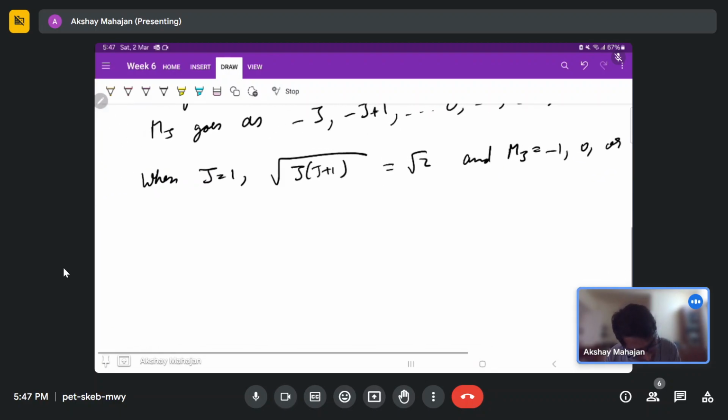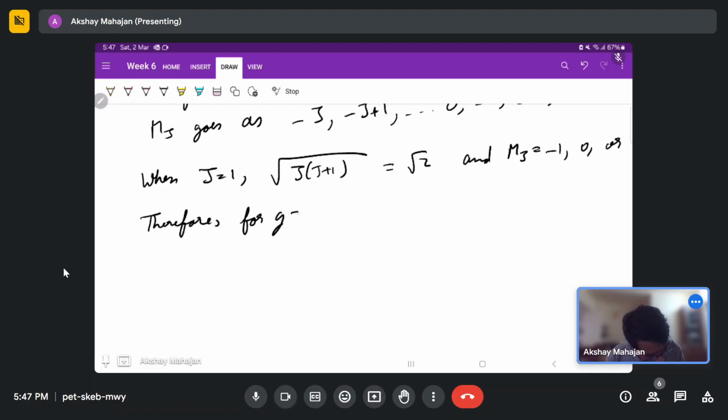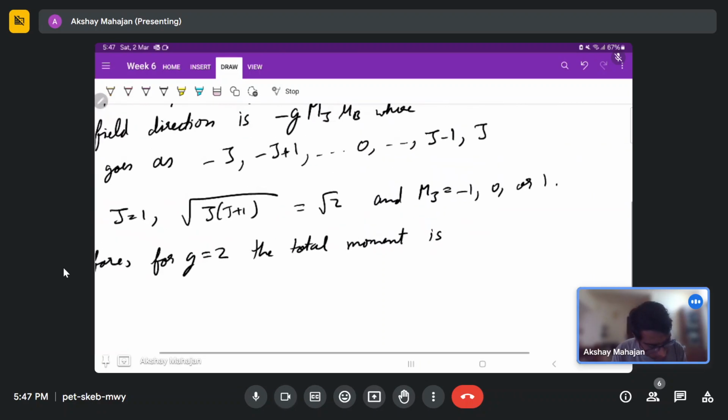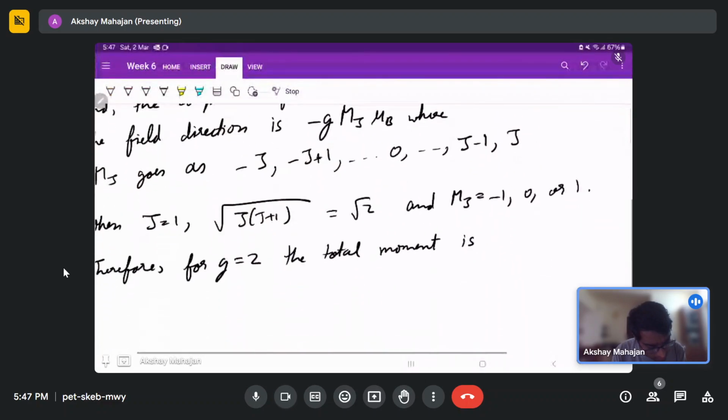So therefore, for g equals 2, the total moment is just as given here, g times this, and g is equal to 2.